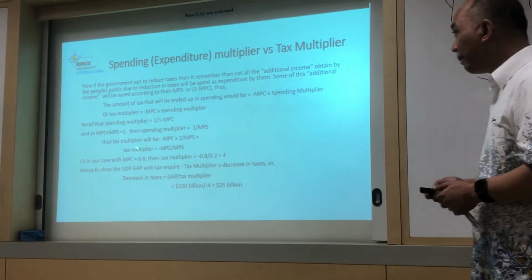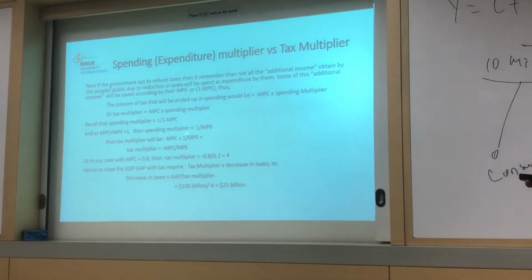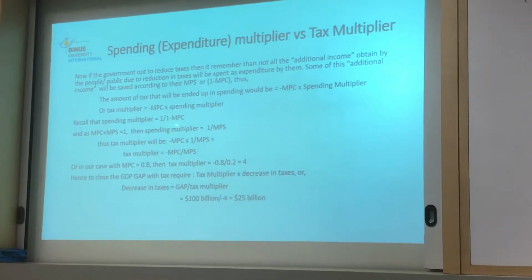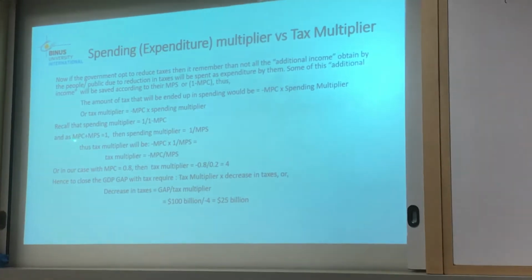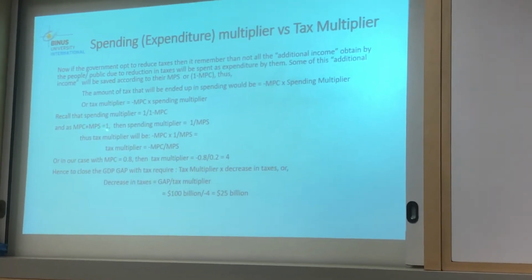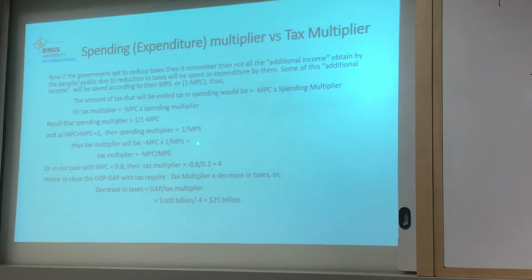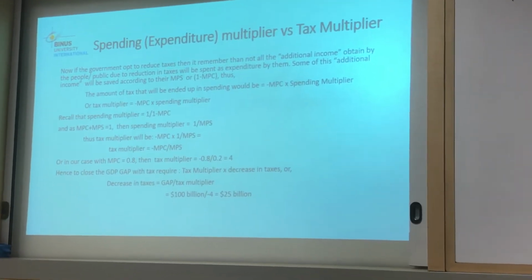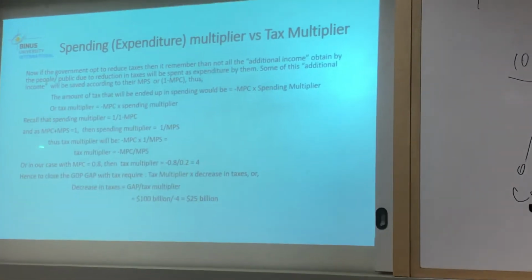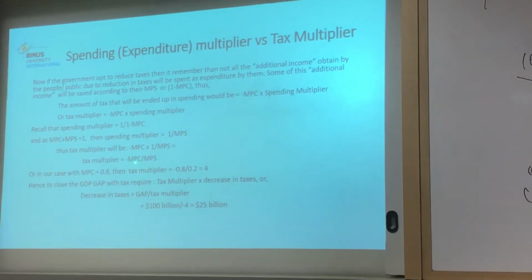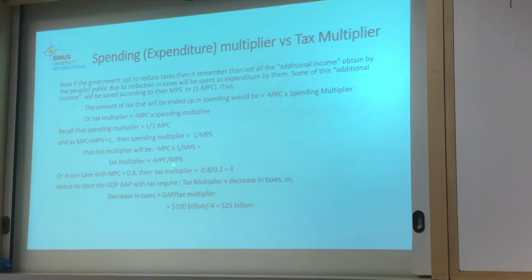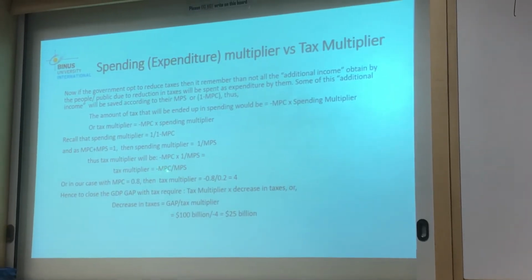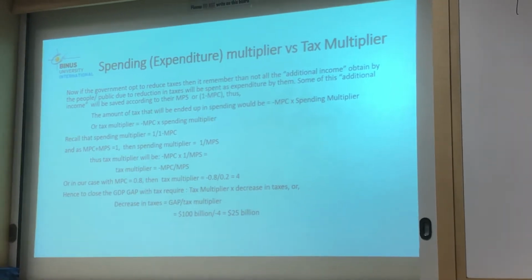Recall that the spending multiplier, the normal multiplier, is 1 divided by 1 minus MPC. Or as MPC plus MPS is 1, the spending multiplier will be 1 divided by MPS. Everyone following here, right? Thus, the tax multiplier will be minus MPC times 1 divided by MPS, or the tax multiplier is equal to minus MPC divided by MPS.